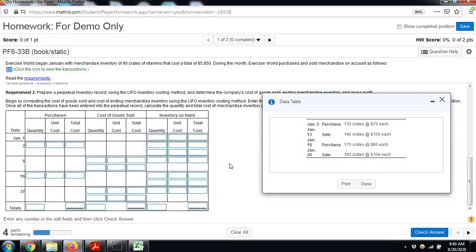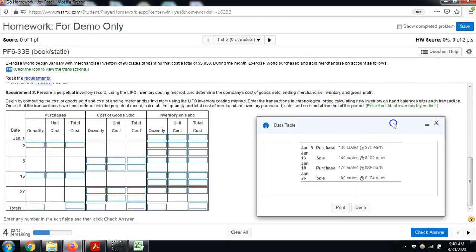Okay, so now it's wanting us to do this exact same thing, but using LIFO. So it's good we have a lot of the calculations done already. So the purchase transactions are going to be the same as above. So let's fill it in.